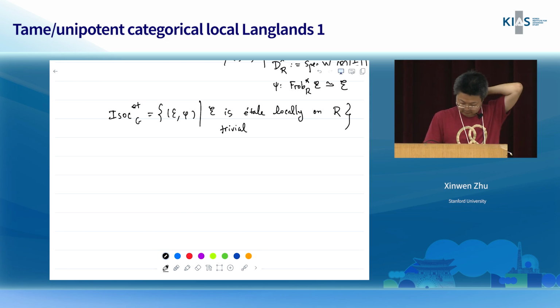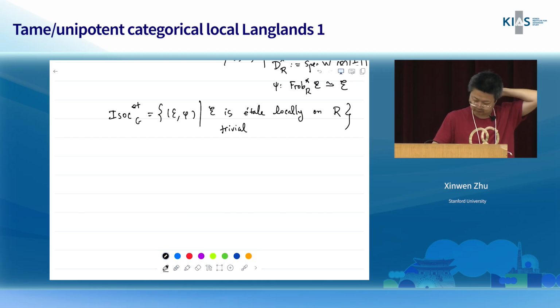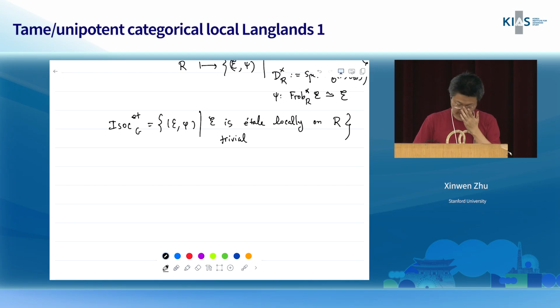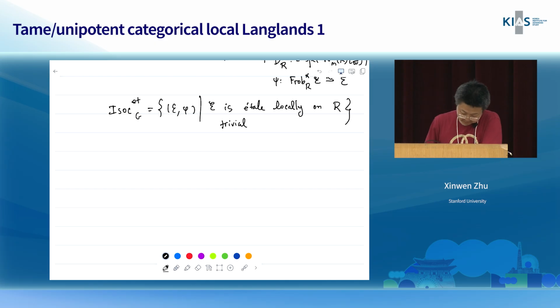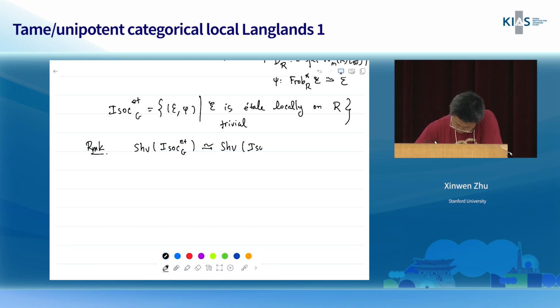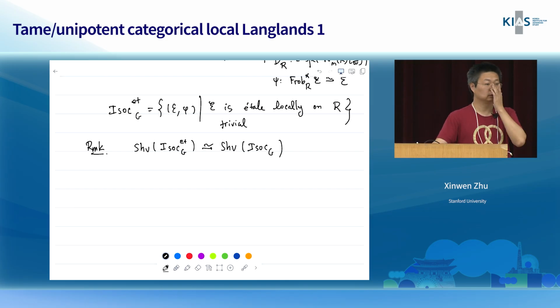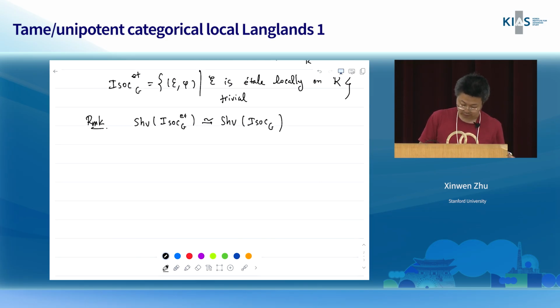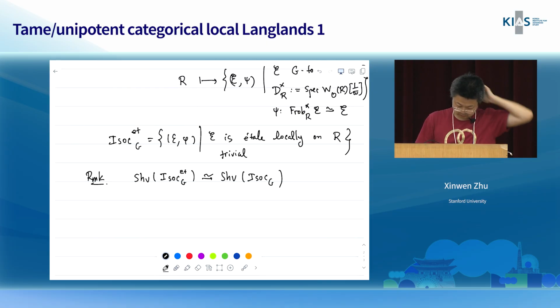It's not quite clear, at least I think it's not known yet, whether every G-torsor on such punctured discs can be trivialized etale locally on R. So there's some slight difference. It's a subgroupoid, but it turns out it doesn't matter. I will also review the sheaf categories, but the categories of sheaves are equivalent, so it doesn't really matter in the statement which one we use.